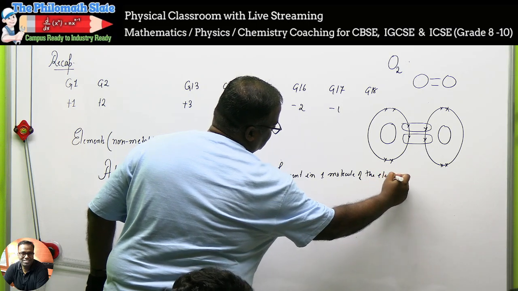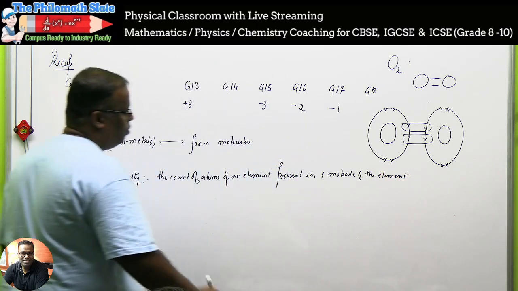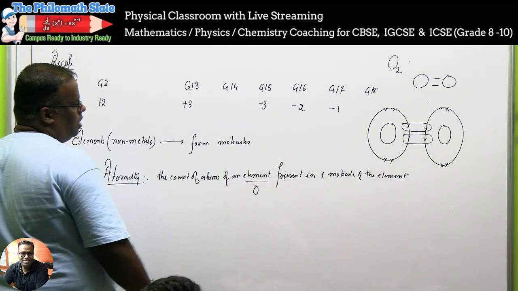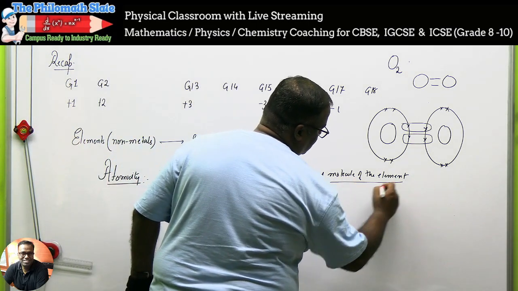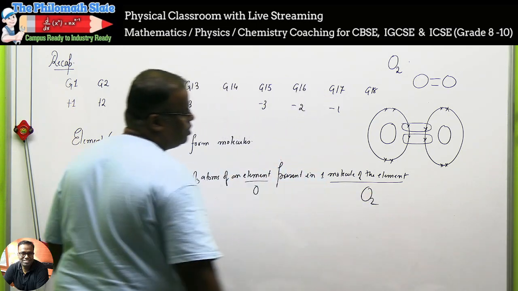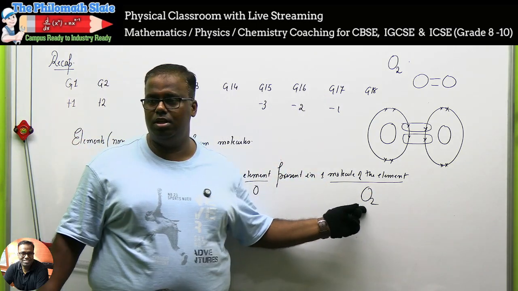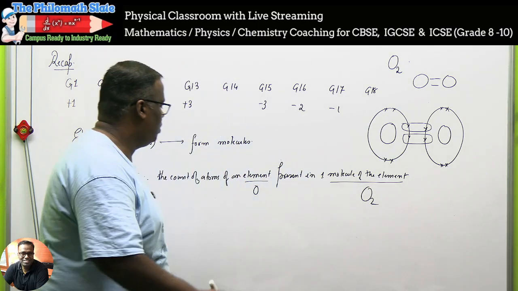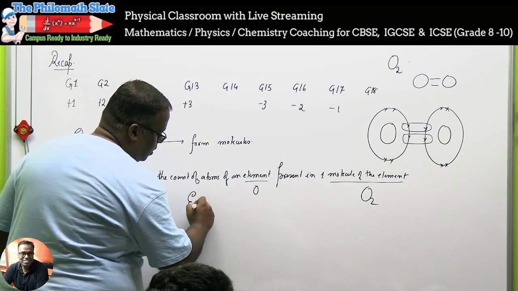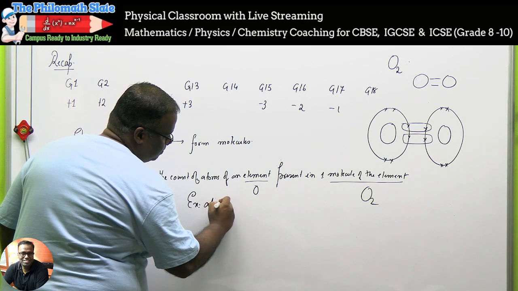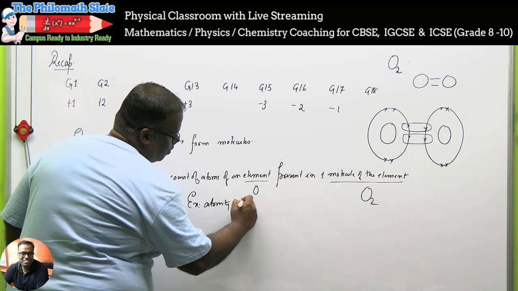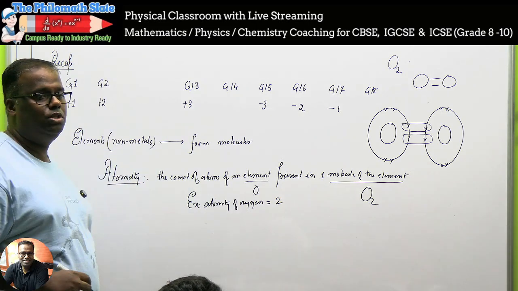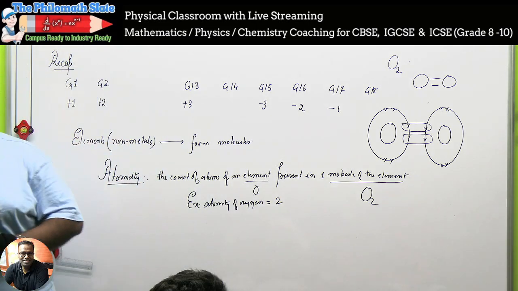Just try and understand. Oxygen. Our discussion was about oxygen. One molecule of the oxygen is shown as O2. How many atoms are here? 2 atoms. Therefore, atomicity of oxygen is 2.